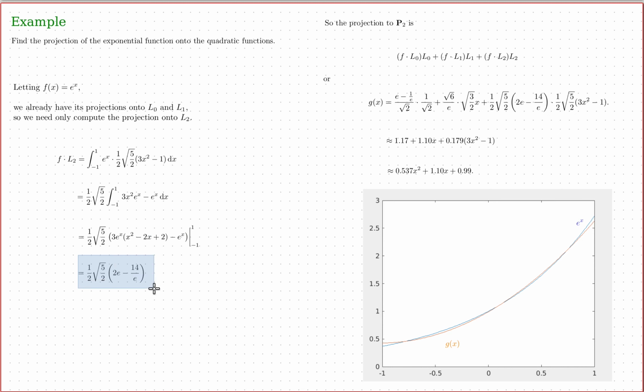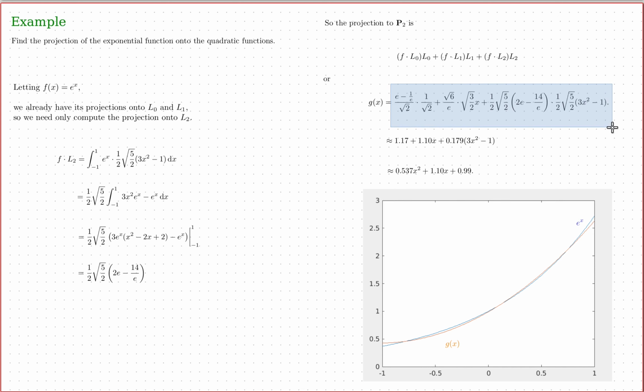you get this. Together with the dot products with L0 and L1 that we computed previously, we end up with a projection. We take the dot product times L0, the dot product times L1 times L1, the dot product times L2 times L2, and then adding everything up, we get this.